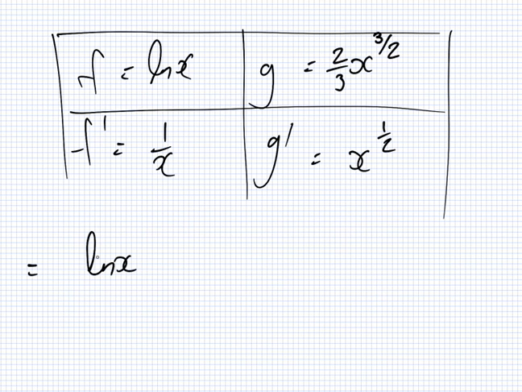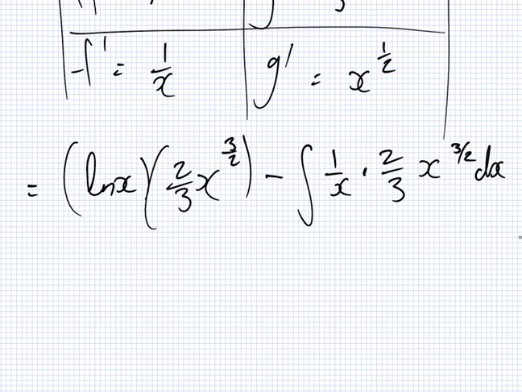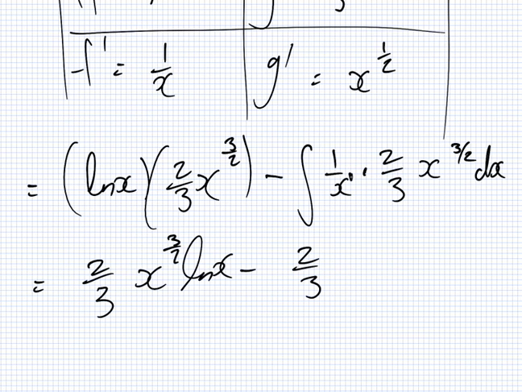F, g, minus f derivative g. So this is fg minus 2/3. Now this is like power 1 here.